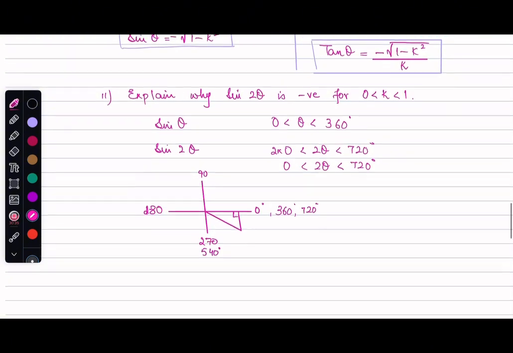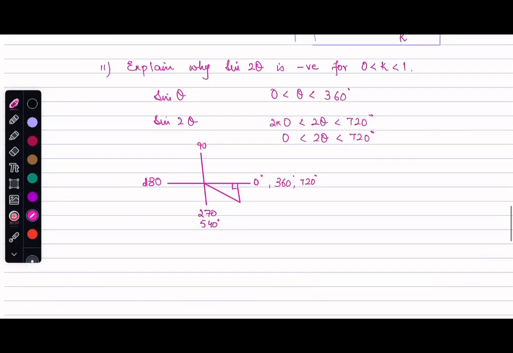So we are simply going to write that the angle for second rotation will be from 540 less than 2 theta, less than 720 degrees, which lies in the fourth quadrant.